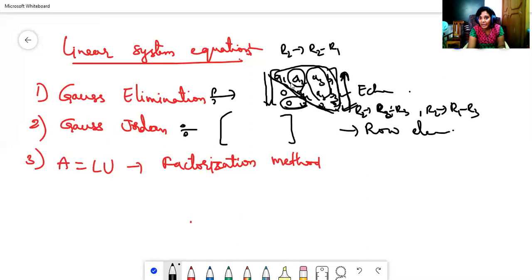The augmented matrix A|B is changed into normal form, that is 1 0 0, B1; 0 1 0, B2; 0 0 1, B3. But in both cases we use only row operations.